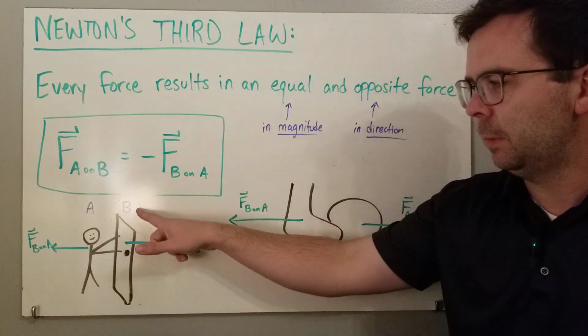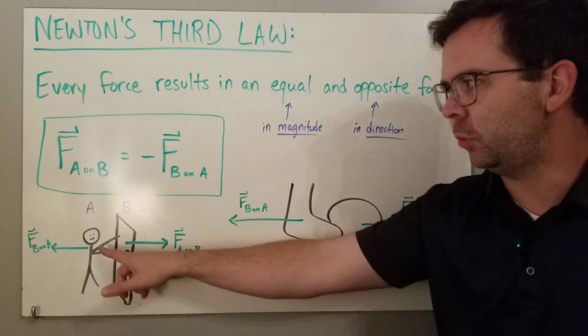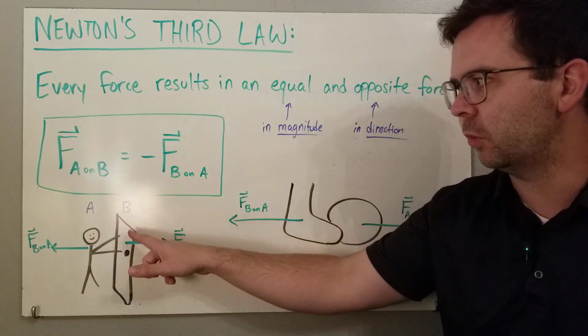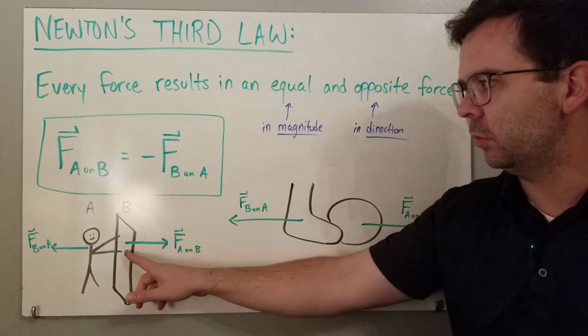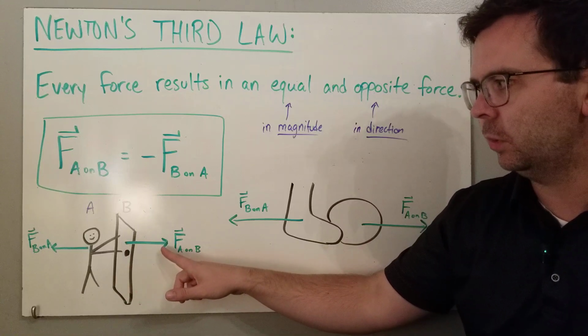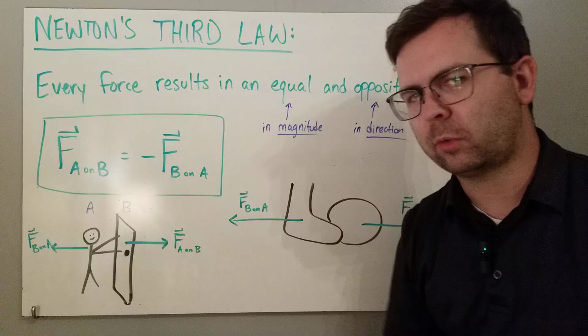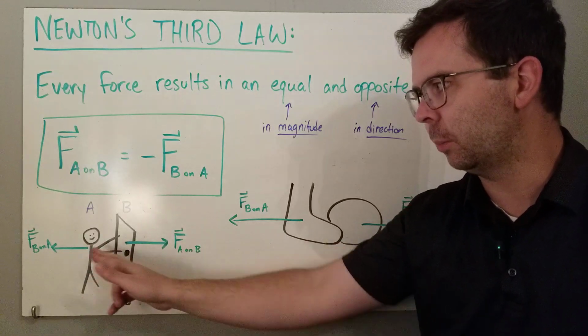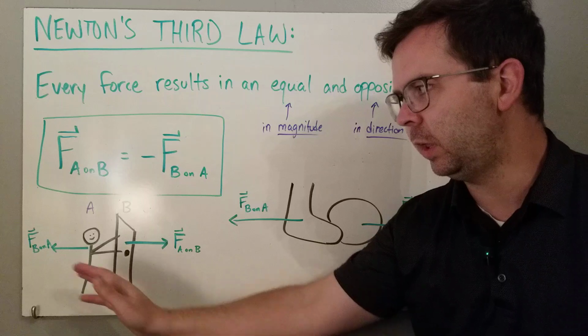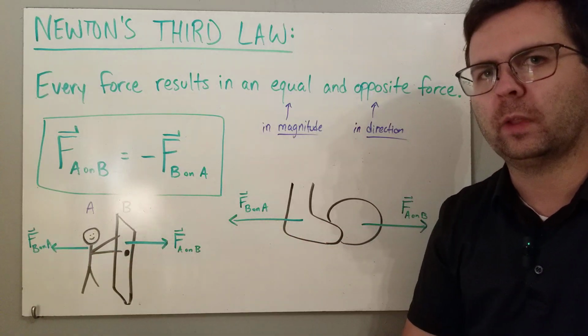You're object A, the door is object B. So you, A, apply a force onto B. The force of A onto B is equal in magnitude, but opposite in direction of the force that B applies to object A. The door pushes back on you with an equal amount of force, just in the opposite direction.